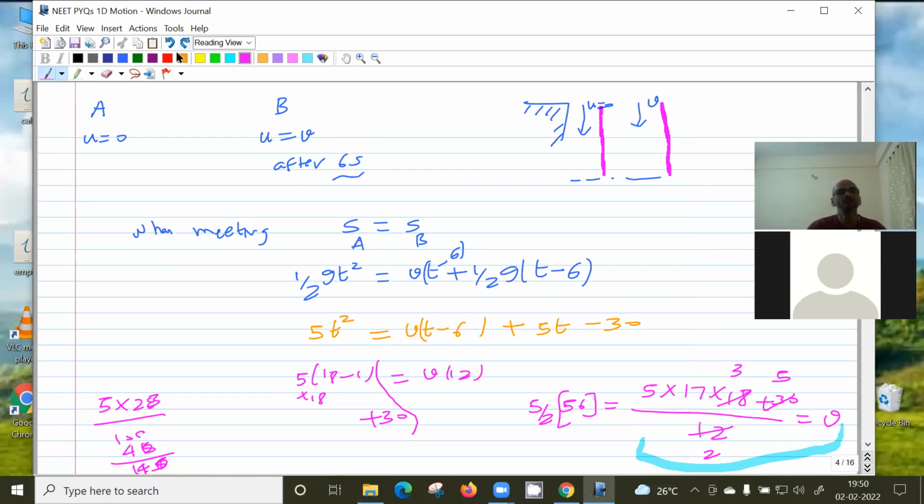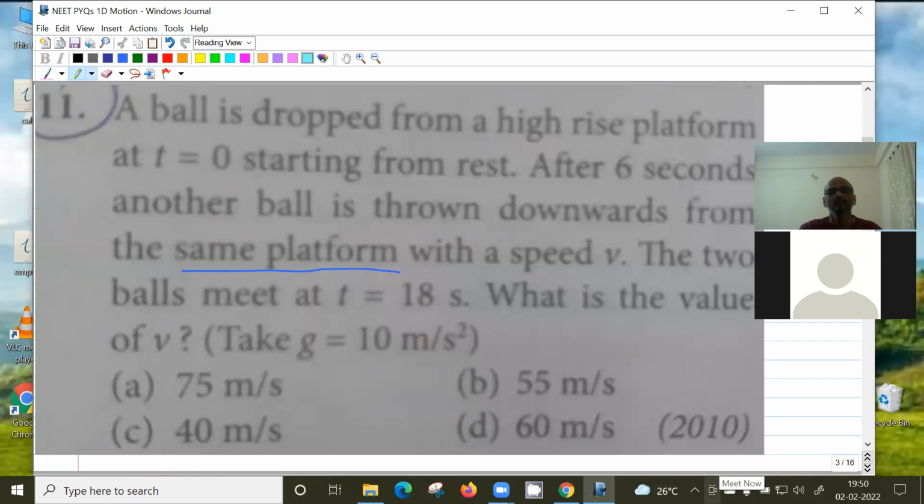See, this is the only equation to solve. You didn't square the t, sir. Half g into t minus 6 the whole square. Okay. Right. Fine. So you got the answer? Yes, sir, 75. So can you check?